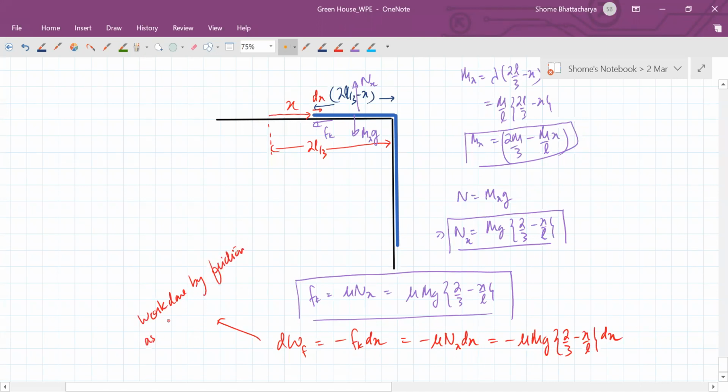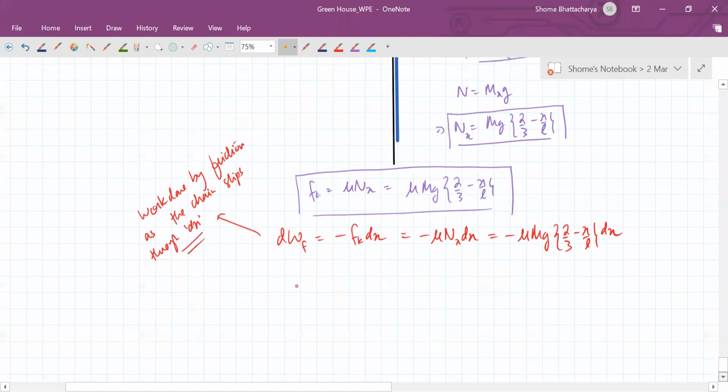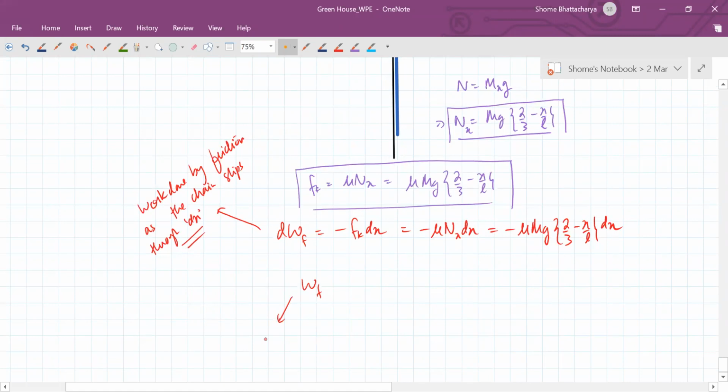As the chain slips through a small displacement dx, as shown over here, the total work done by friction will be the integration of this.